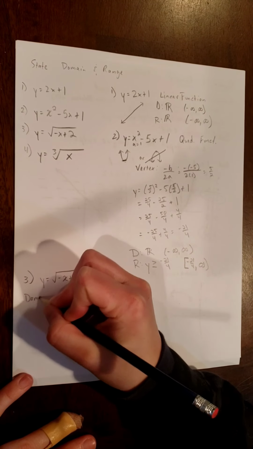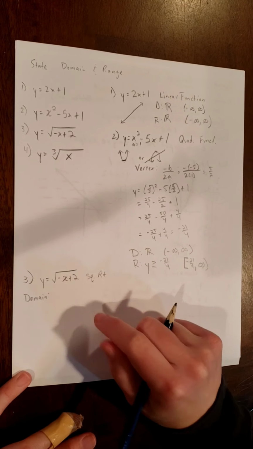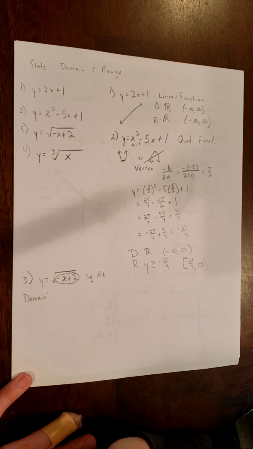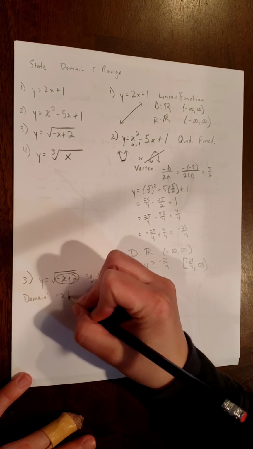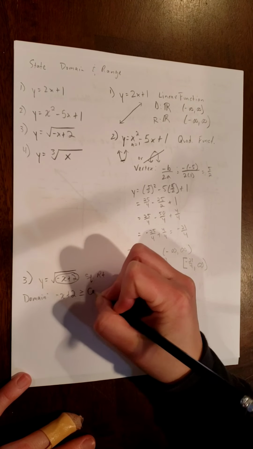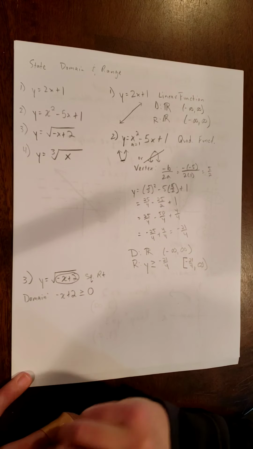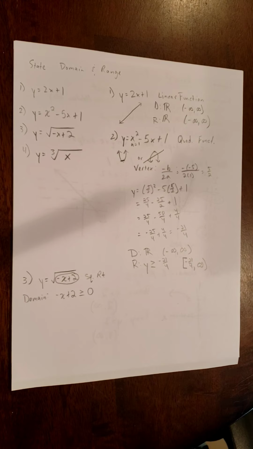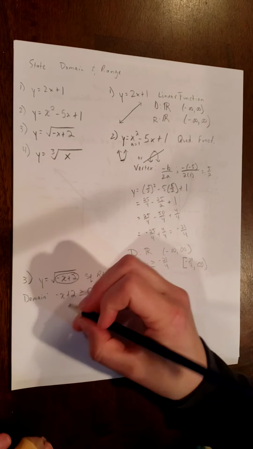So when we are concerned with identifying the domain of any square root function, we need to make sure that the radicand, which is negative x plus 2, has to be greater than or equal to 0. So now, if we solve this inequality here, we will be able to find the set of real numbers that is the domain.